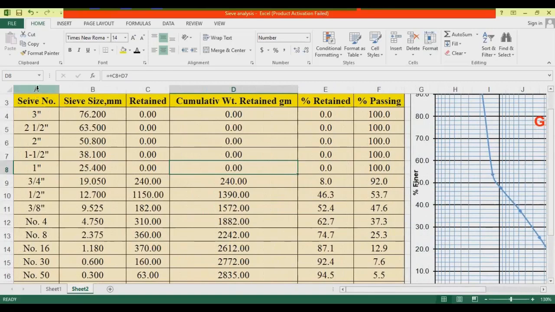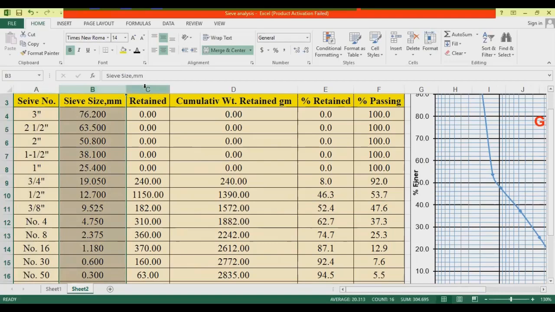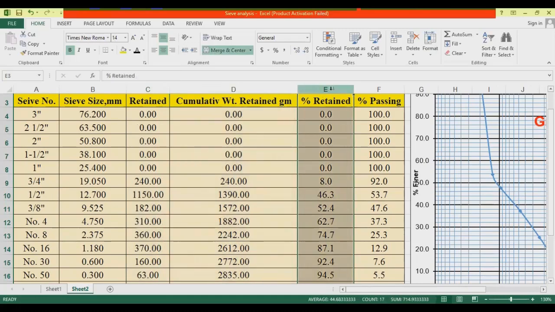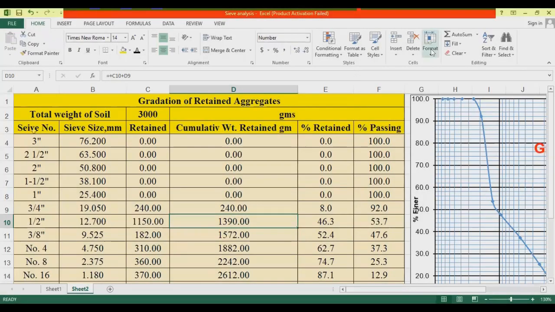This column number 1, second and third, they are the result of experimental procedures and we are not supposed to do any calculations. And these 3 columns, like the cumulative weight retained, the percent retained and the percent passing, are related with the calculations. Guys, the first column represents the sieve information.